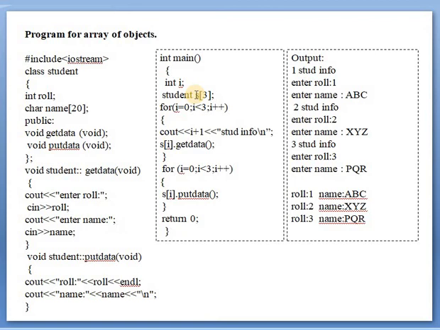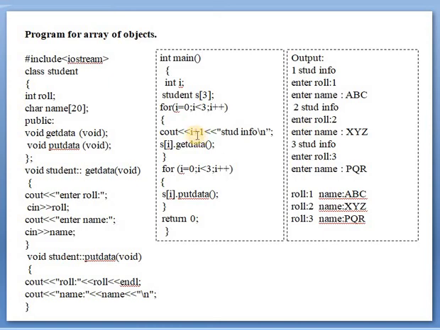Now what? It is an array of objects, that is s of 3. Here 3 objects of the class student are created. Now for i equal to 0, i less than 3, i plus plus. Why? Because we are creating 3 objects. Now see cout i plus 1, which means we are writing the first student information, second student information.